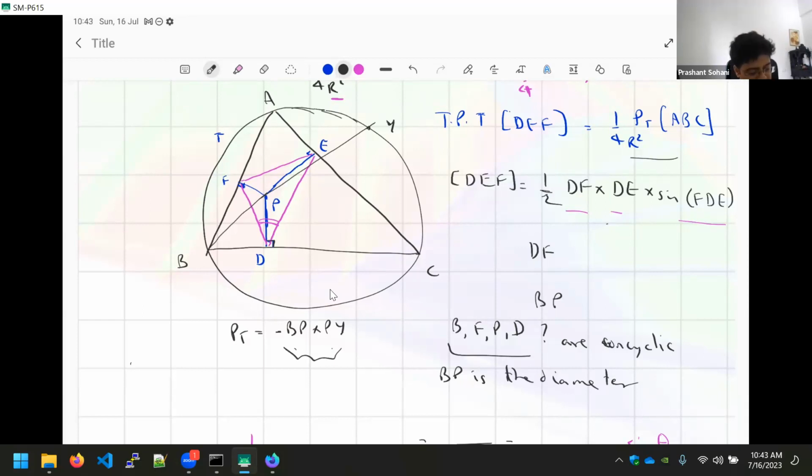Okay. Then looking at this angle, angle FDE rather. So let us look at this angle FDE more closely. And because in the diagram we have so many cyclic quadrilaterals, can we think of chasing angle FDE? Can we construct angle FDE anywhere else in our diagram?